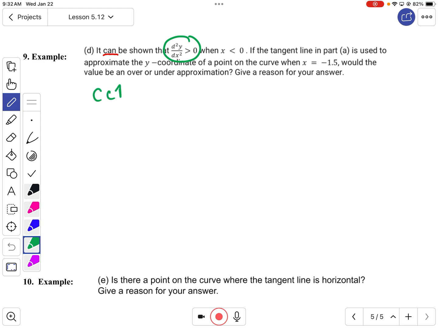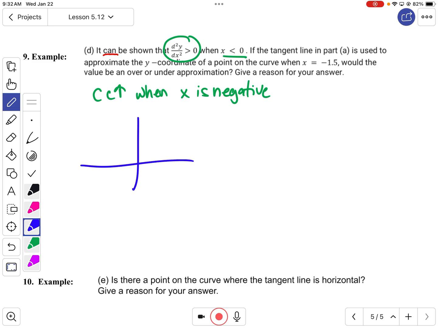It's concave up when x is less than 0, when x is negative, okay? So we don't know what this curve looks like, but over here on the negative side, it is concave up.